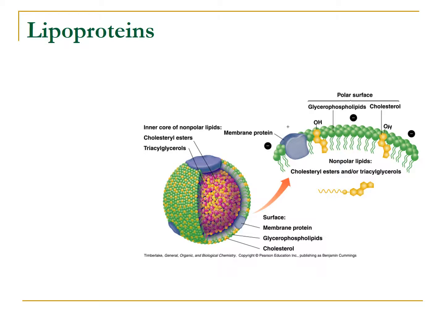So what happens is the lipids are typically packed in the center of these lipoproteins in a nonpolar region, but then a surface of glycerophospholipids. Remember, glycerophospholipids have nonpolar tails, which will point in towards the nonpolar lipids in the middle there, and attach to those nonpolar lipids, and then a polar head, and also using certain membrane proteins to hold everything together, because proteins are typically molecules used for structure.